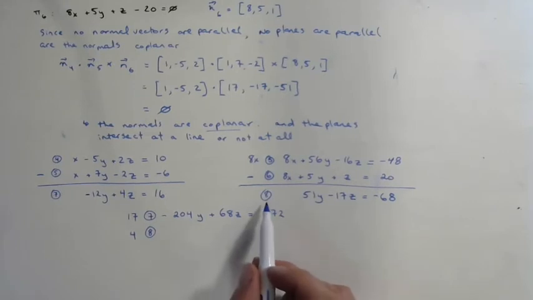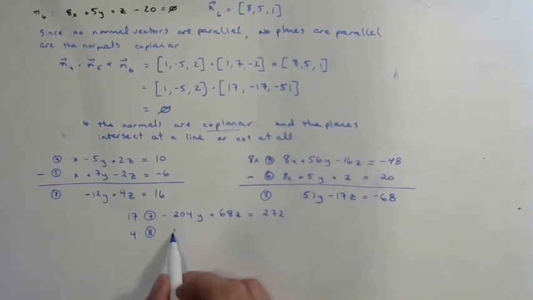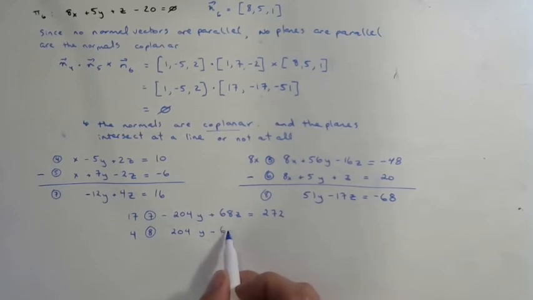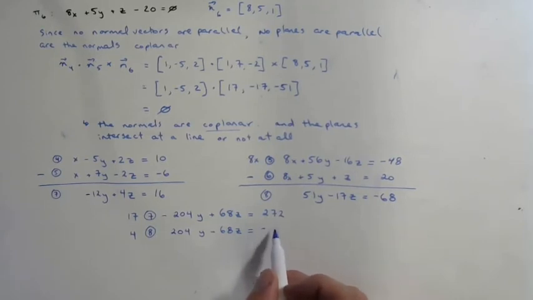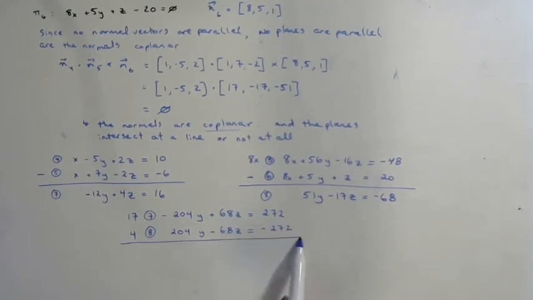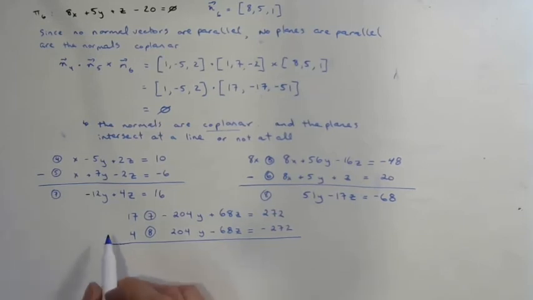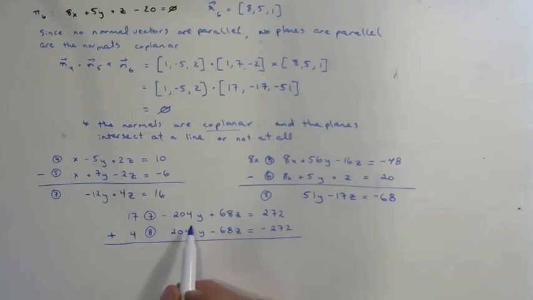Here on equation 8, we have 4 times 51, which is 204y, minus 68z equals negative 272. And you can see what's going to happen here, but I'm going to add these because my signs are opposite in front of my z's. What ends up happening is I have 0y, they eliminate out. I have 0z equals 0.